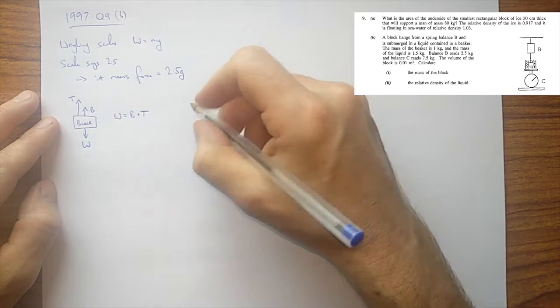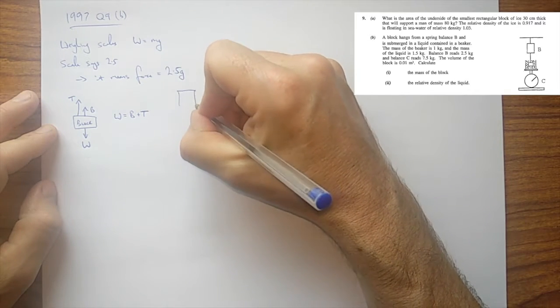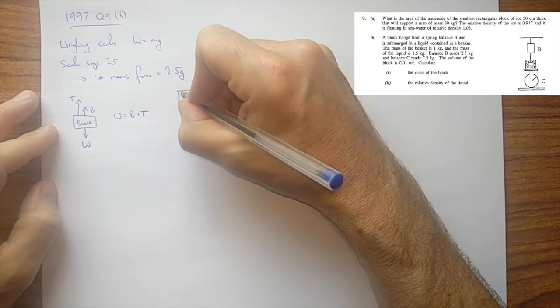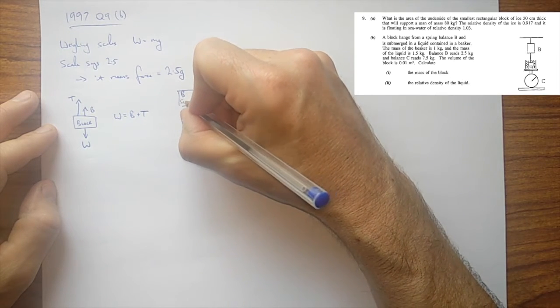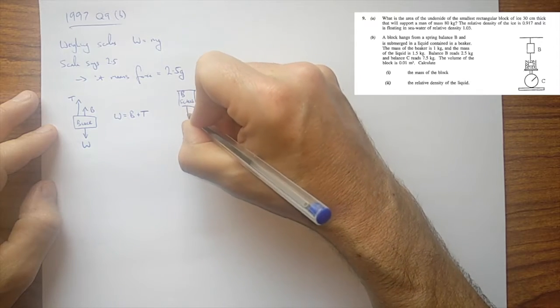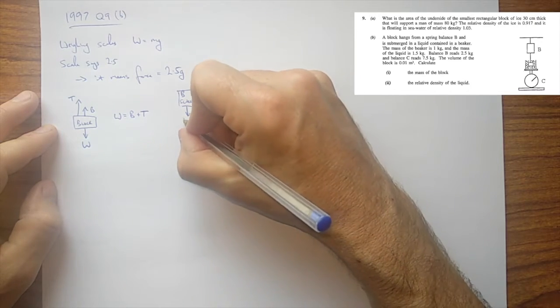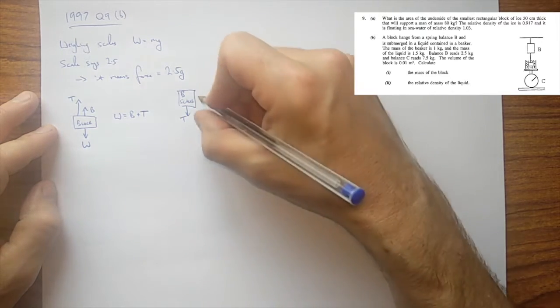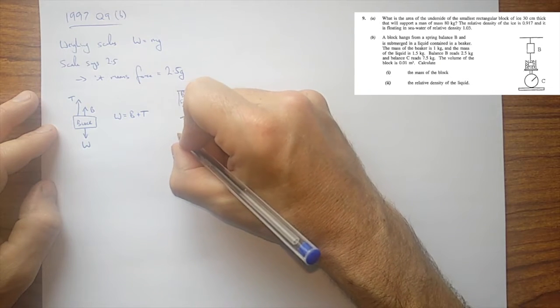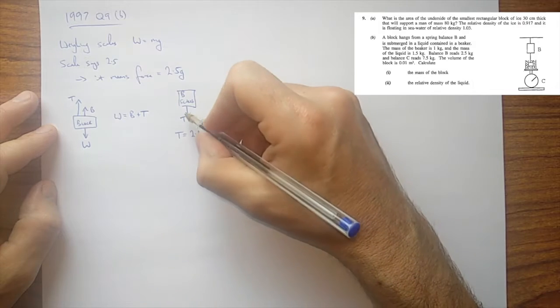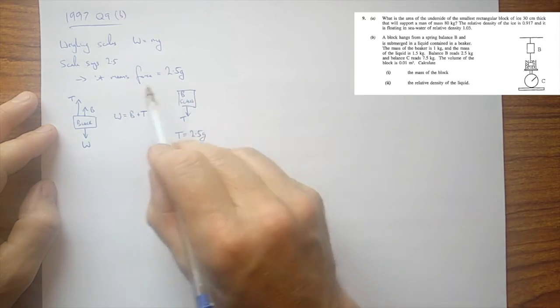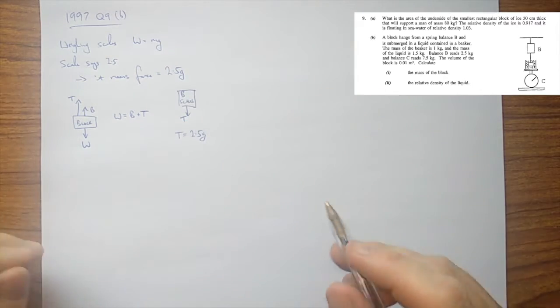Now, look at the scales. This is B, and it has the same tension going down and it reads 2.5. So we know that T is 2.5 g, because the only force going down is the tension, and the scales read 2.5.